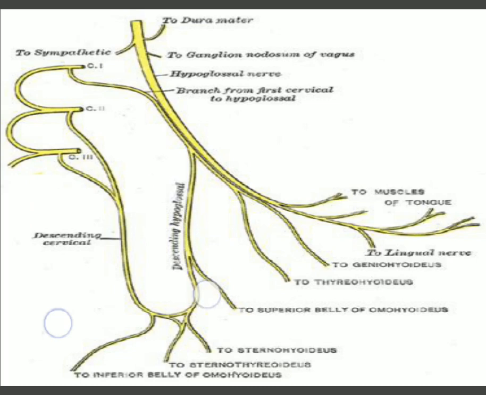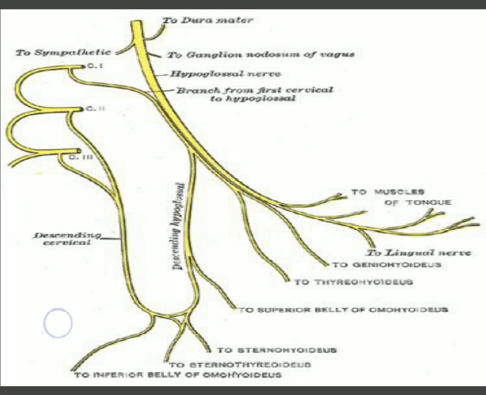This loop, this Ansa cervicalis, it lies superficial to the internal jugular vein in the carotid triangle. The main function of this loop is the branches from this Ansa cervicalis innervate the infrahyoid muscles. And basically the meaning of Ansa cervicalis is handle of the neck.